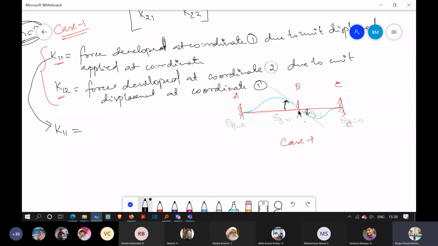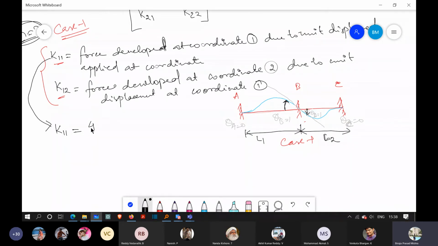This end is far end, this is also a far end, so the forces developed at the far ends will be 4. Let us say this length is L1 and this length is L2.